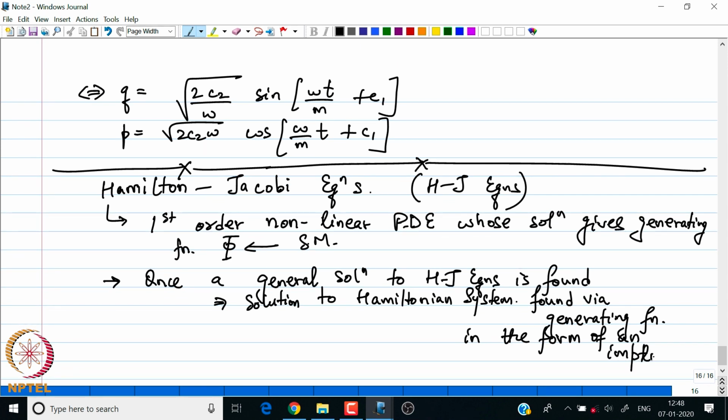We are going to see what I mean by this statement very soon through an example.